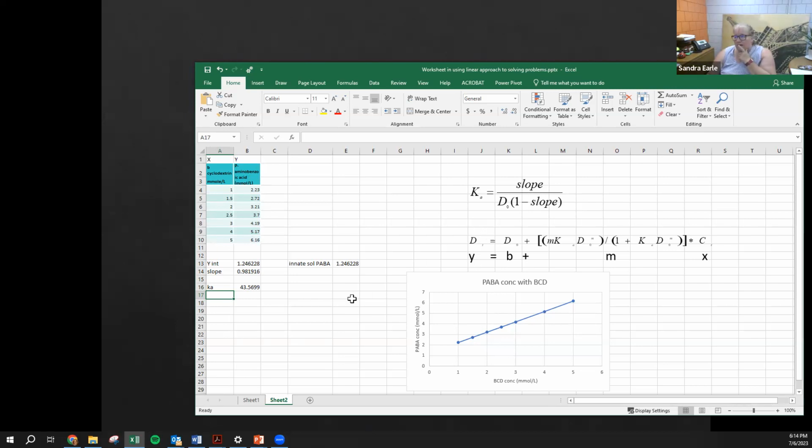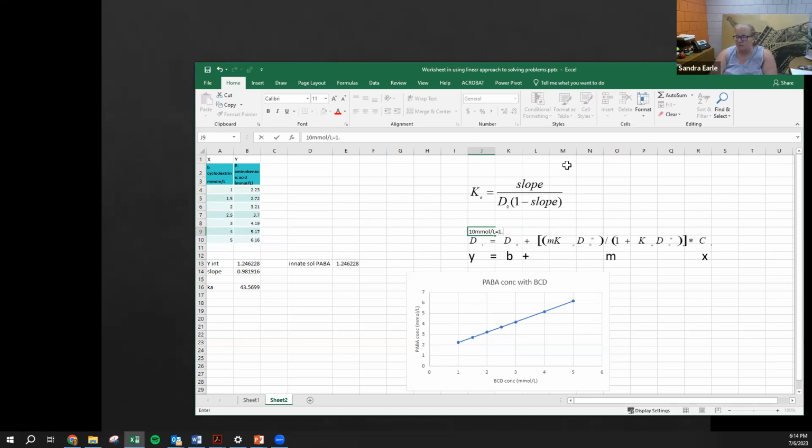So let's say we wanted 10 to be our concentration of drug. So what we would do is put in 10 here, right? 10 millimoles per liter is going to be equal to our innate solubility, which is this number here.